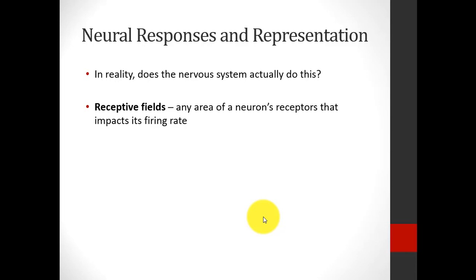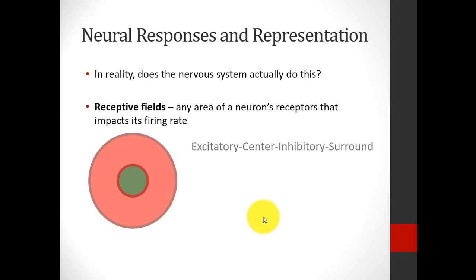But receptive fields, just like the definition implies, are any area of a neuron's receptors where some sort of stimulation impinging on it impacts its firing rate. And one of the most common types of receptive fields that we have is called excitatory center, inhibitory surround.